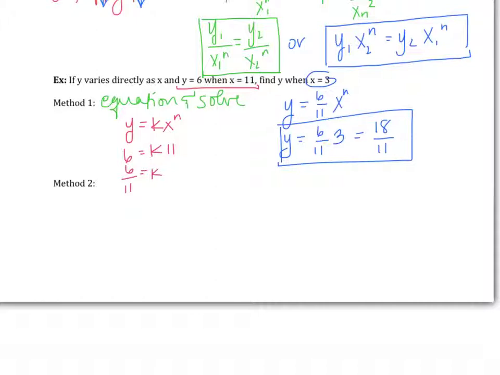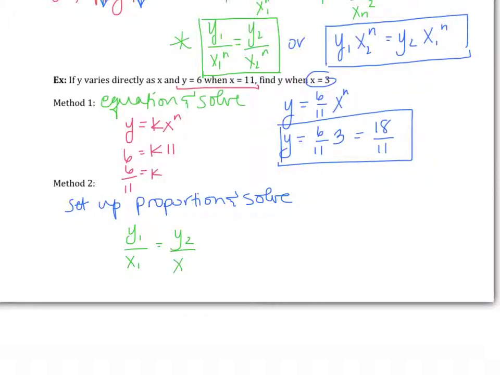Method 2 is to set up a proportion and solve it. We're going to end up with the same solution; this is just a different method. n in this instance is 1, so we can drop our exponent. Using our proportion, y1 over x1 equals y2 over x2. Here y1 equals 6, x1 equals 11, y2 is what we're looking for, and x2 equals 3.